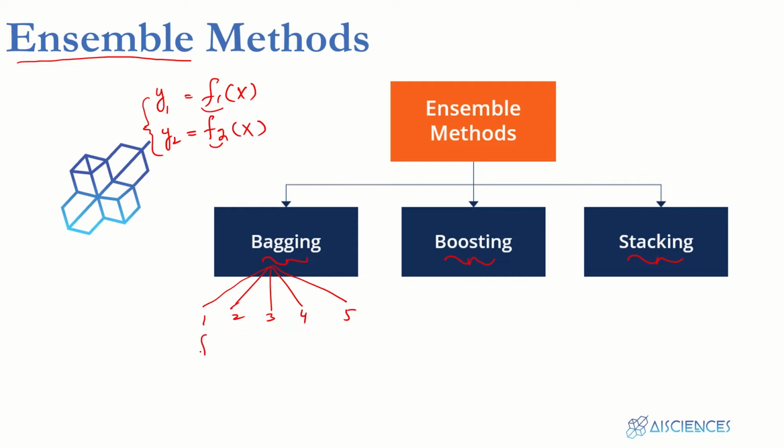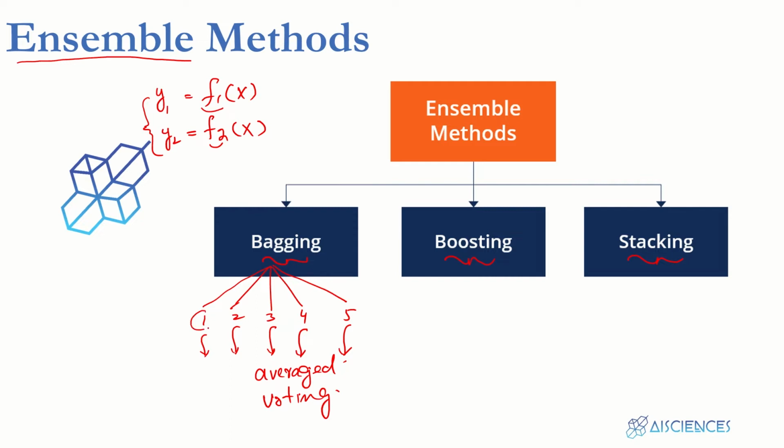The responses of all these models are normally averaged in the case of regression, and maximum voting is usually performed in the case of classification.